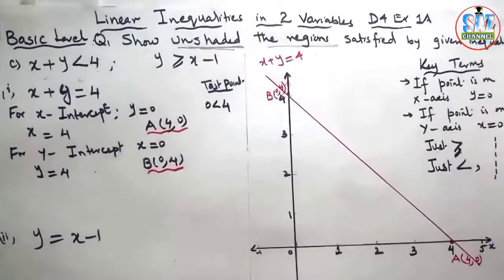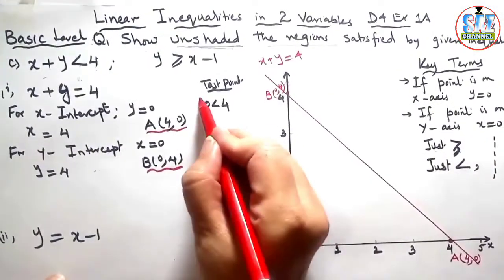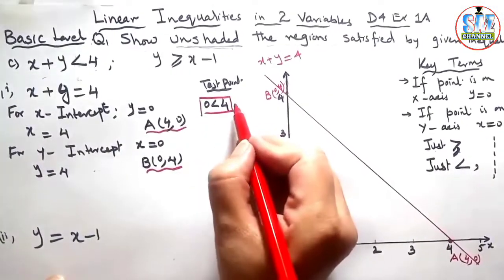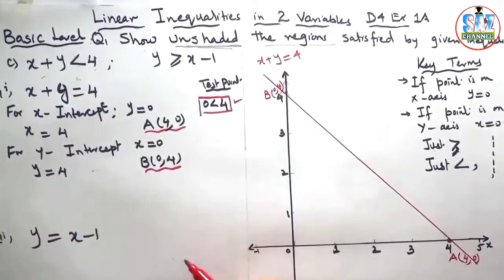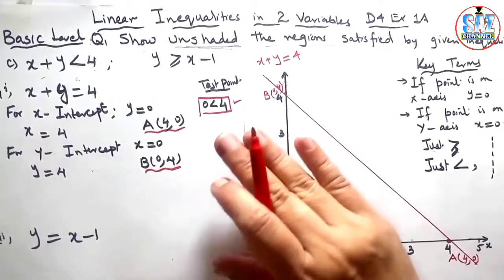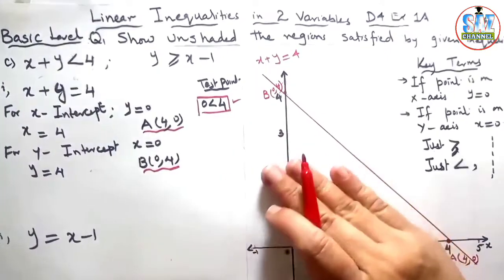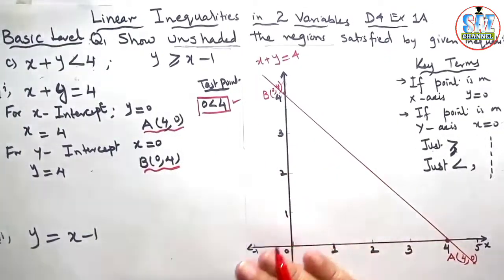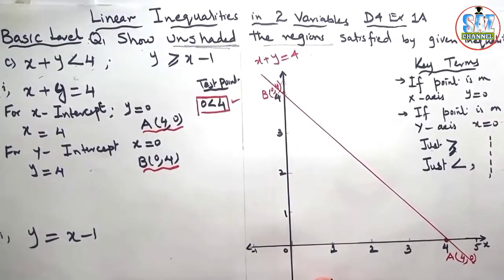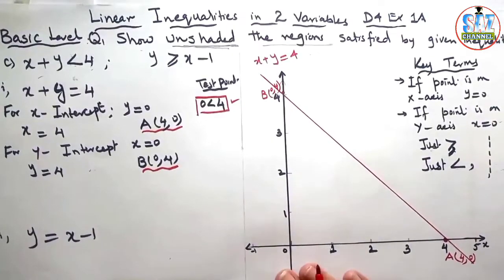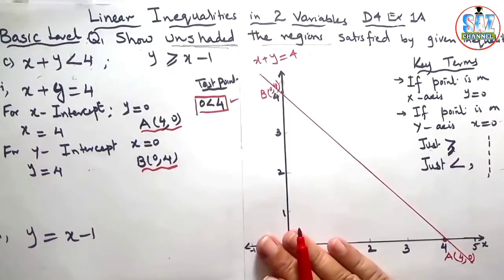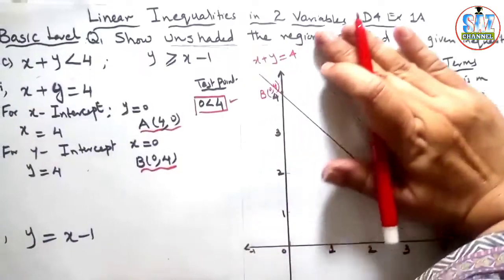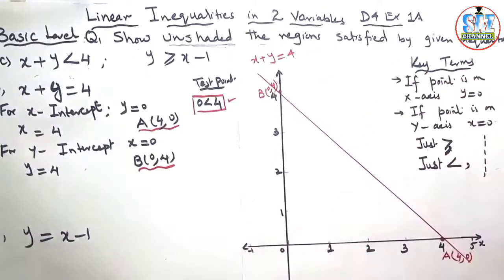Is 0 less than 4? Yes, 0 is less than 4. This is true. As this is true, for the actual region I would have to shade below this line. But as the question says that I have to leave that region unshaded, I will be shading on the opposite side of this line.